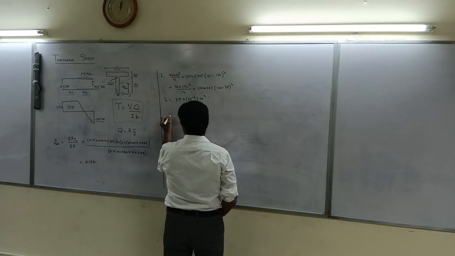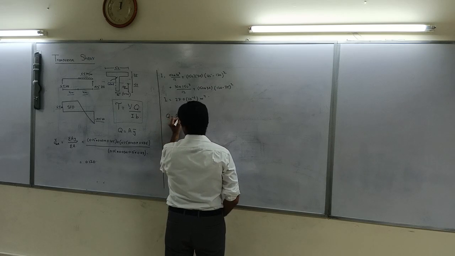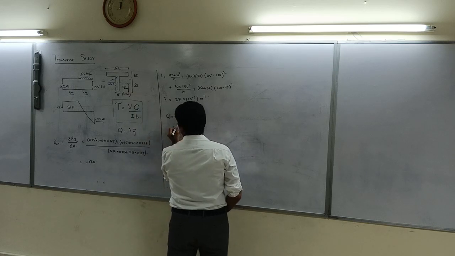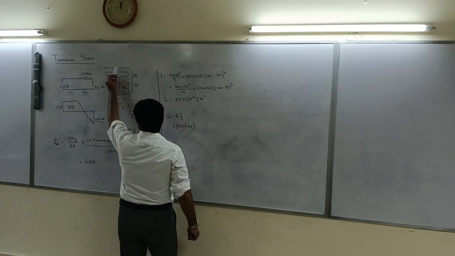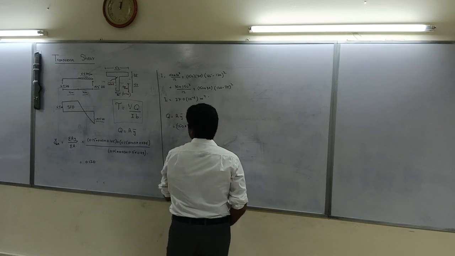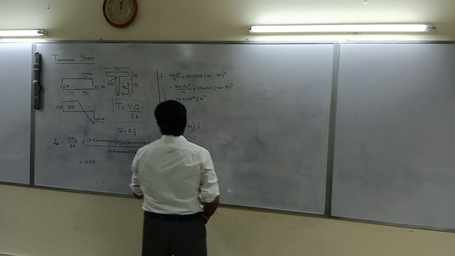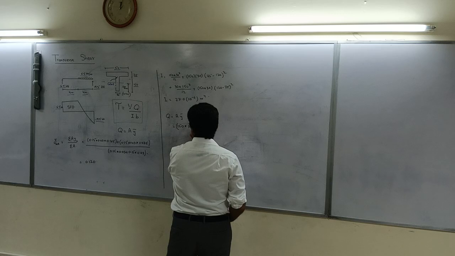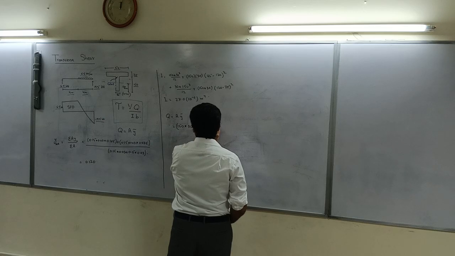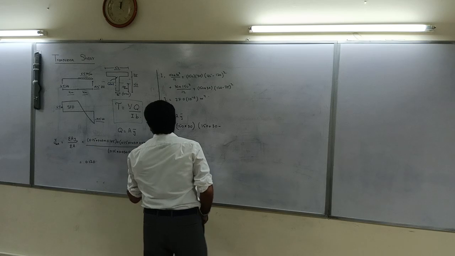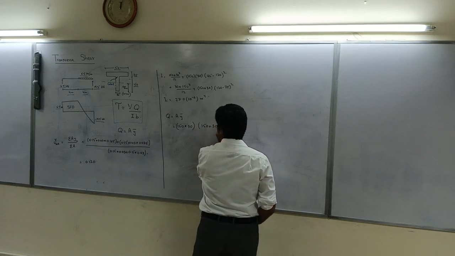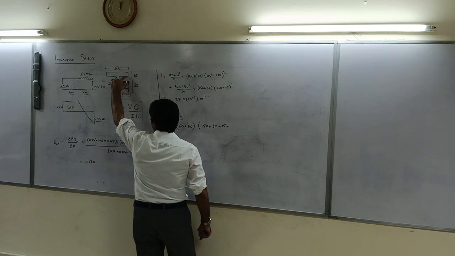So Q is equal to area, which is 150 into 30, times y bar, which is 150 plus 30 minus 15, because it's half, minus 120.